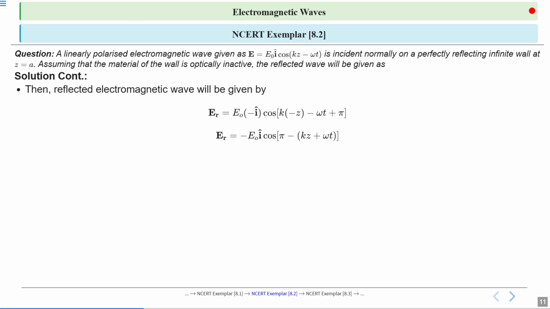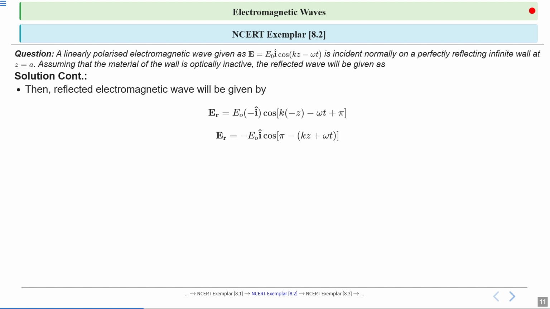If we are doing trigonometric conversion with pi angle, then the trigonometric function will remain as it is. Sin(pi minus theta) is sin theta. Cos(pi minus theta) is minus cos theta. This is the conversion identity of trigonometry.